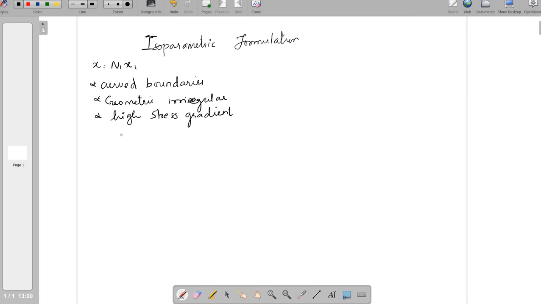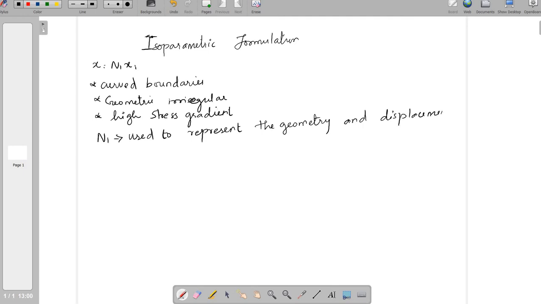So the isoparametric means the shape function N1 is used to represent the geometry as well as the displacement.